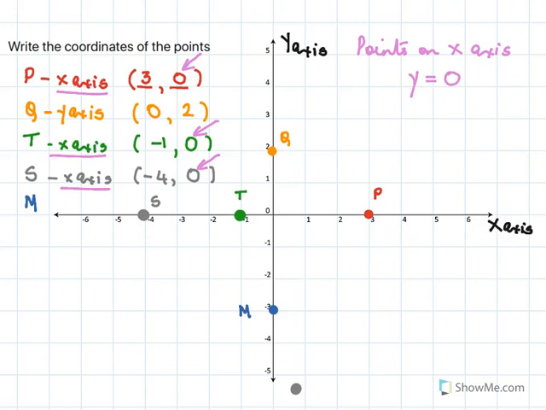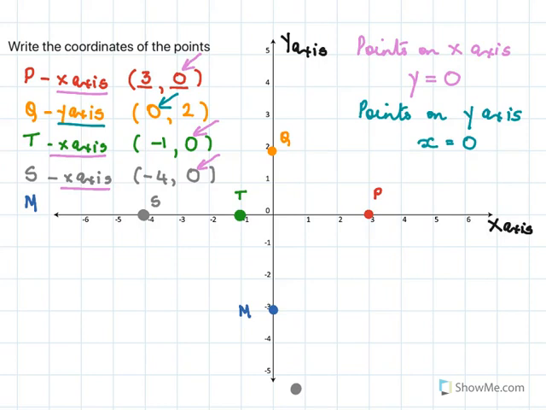Now we also have points lying on the y-axis. Like Q lies on the y-axis, and here the x is 0. So for points on the y-axis, we can say x equals 0.